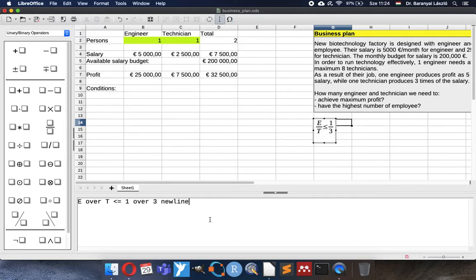And if we reorganize this equation a little bit in a simple way, we have 3 engineers lower or equal than 1 technician, and if we put everything on one side, 3 engineers minus 1 technician is lower than or equal to 0.